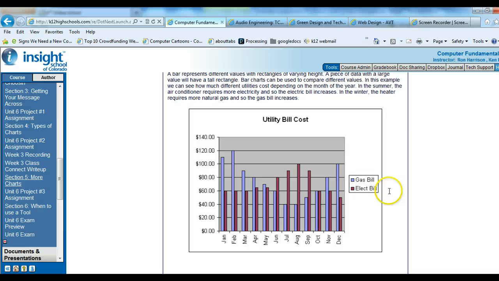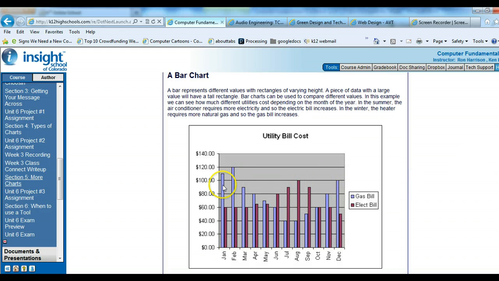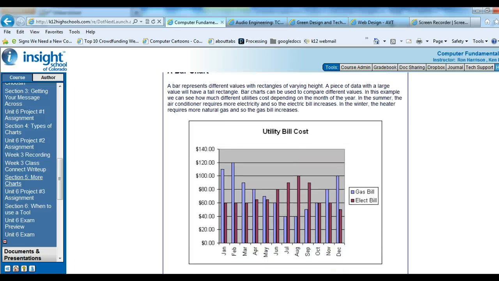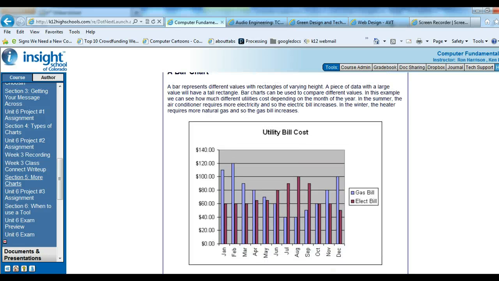We could do all of our utilities for the whole year, and then January would be 1 bar, February would be a piece of a pie, March would be a piece of a pie, etc. But bar charts are better to compare things like this, because we can easily compare the different values. So you can see how a bar chart can compare different values across time, but then a pie chart compares the piece of a whole.